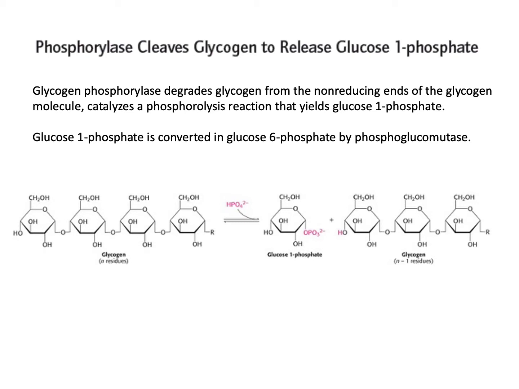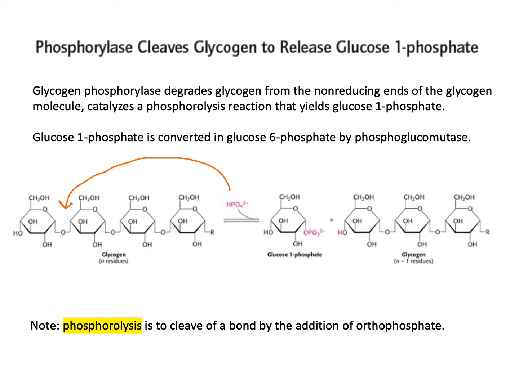Let's look at the reaction. The glycogen with N residues breaks down at the non-reducing end to form a glucose 1-phosphate plus a glycogen with N-1 residues. So the orthophosphate is added to the 1,4 glycosidic bond and breaks the bond.